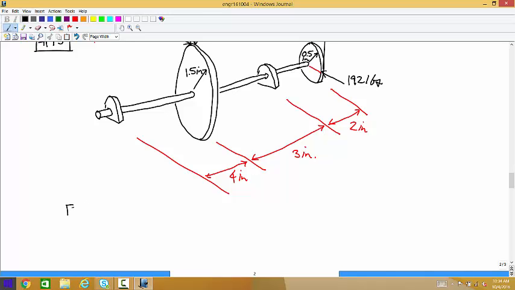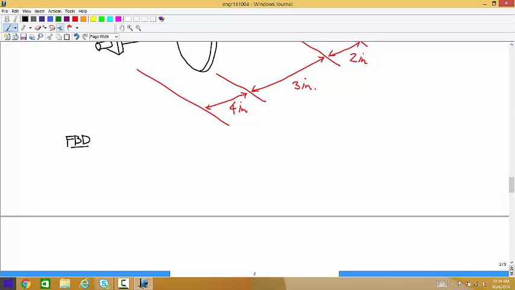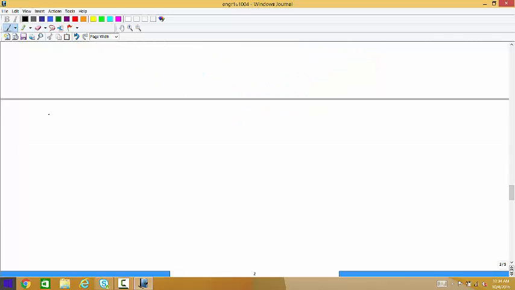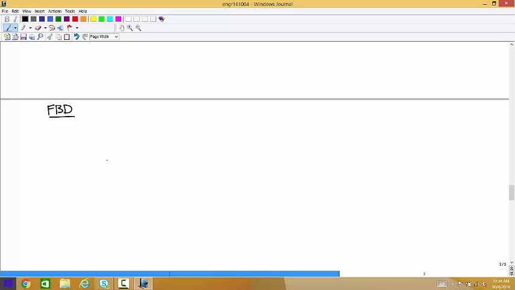Okay, so free body diagram. That's the outline. We're not including the joints in our isolated body.